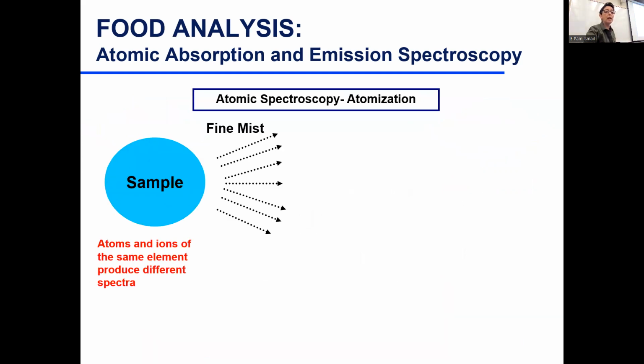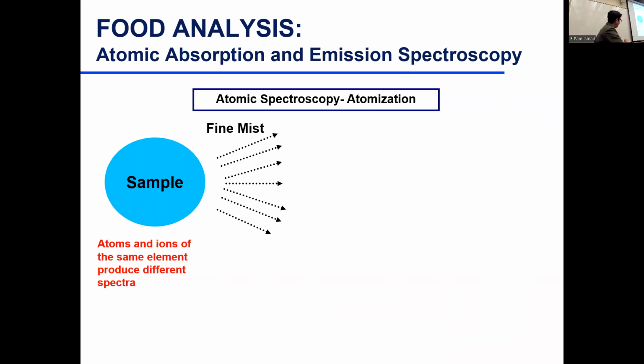So you've done this in the lab, you prepared your samples, and samples are in solution. What happened is you put the little capillary tube in your sample, and then a sample gets aspirated, pulled up, and goes into a small nodule that transforms it into a mist.